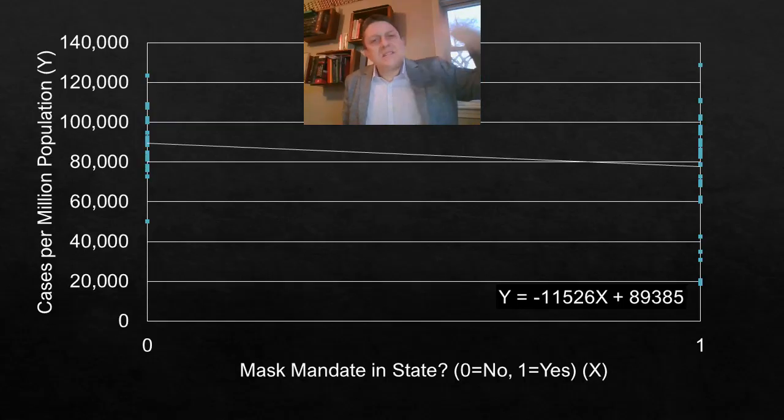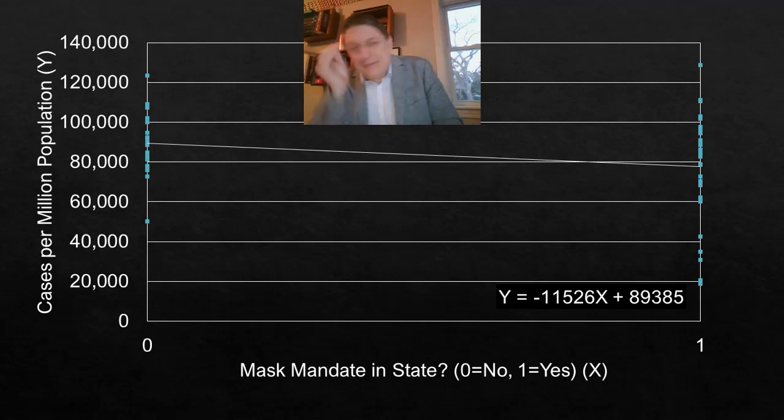However, the best fit line, the line that comes closest to hitting those dots, is the following: a line that is described by y equals negative 11,526x plus 89,385. Now, in this case, we can look for a moment at that b, right? Y equals mx plus b.